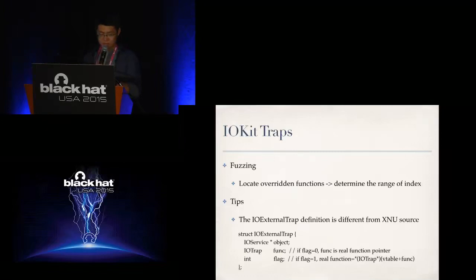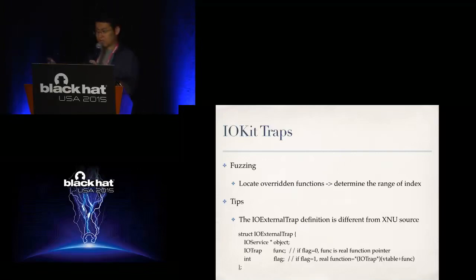But the problem is that if you find some bug and you analyze it, you will find that the definition of the IOExternalTrap structure is actually different from the one in the XNU source code. There's another member at the end of the structure. We call it flag here, the third word.